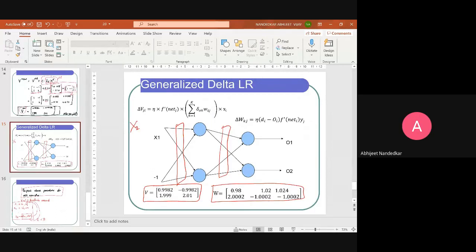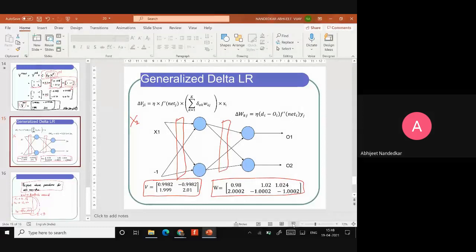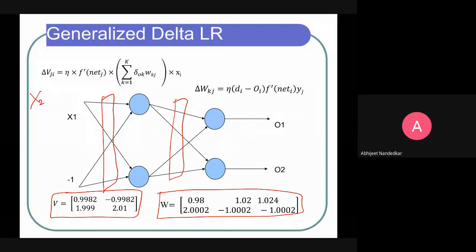Okay, anyway, I will just repeat what I said once again. We started with input x1, and then we calculated the output of this network and compared it with its desired response. Once I know the desired response and output, I can calculate delta for each neuron here.